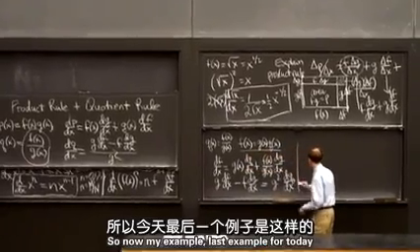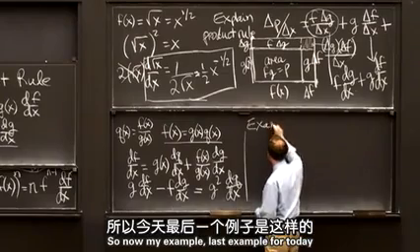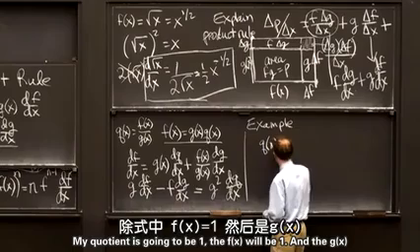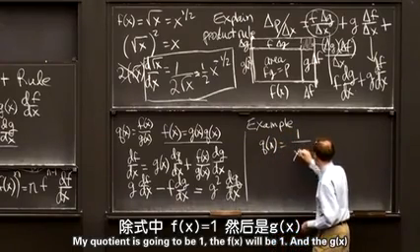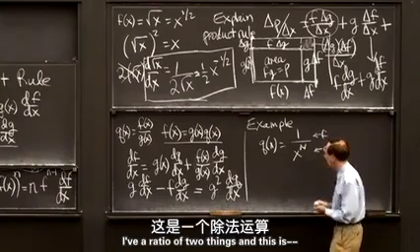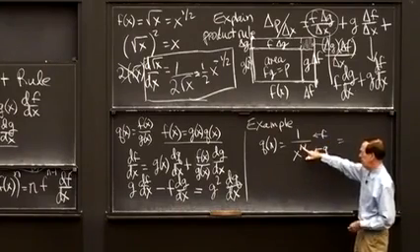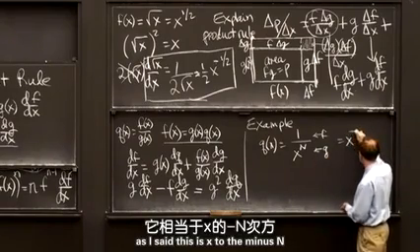So my last example for today, my quotient is going to be 1. The f of x will be 1, and the g of x, so this is my f, this is my g. I have a ratio of two things, and this is, as I said, x to the minus n.